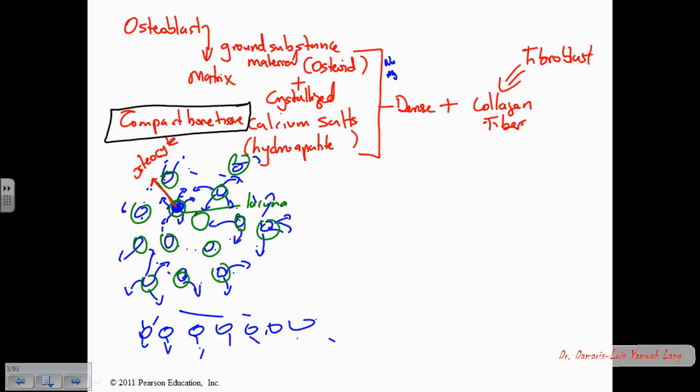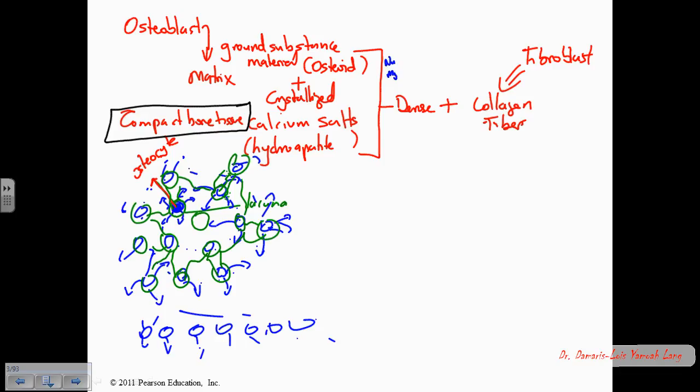So one cell will want to connect to another cell, because of transfer of materials and stuff like that. And little canals are dug between the lacuna. Do you see what I'm doing? Little canals between the lacuna.